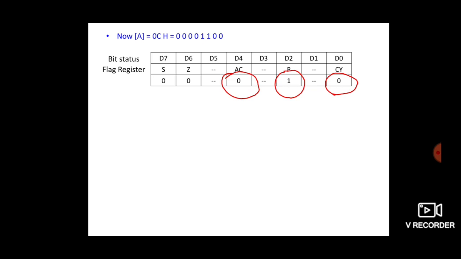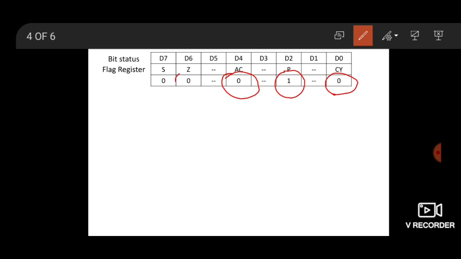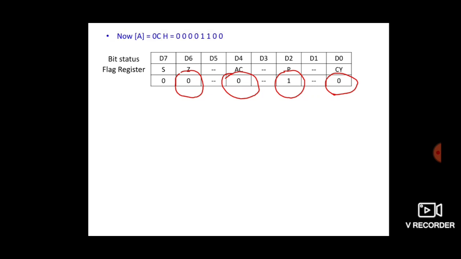Means if the accumulator contained all 0, instead of this 0C, then at that time the zero flag would be set. But since the accumulator result is non-zero, the zero flag is reset. Reset means 0, set means 1. So here the zero flag is reset, so write 0.